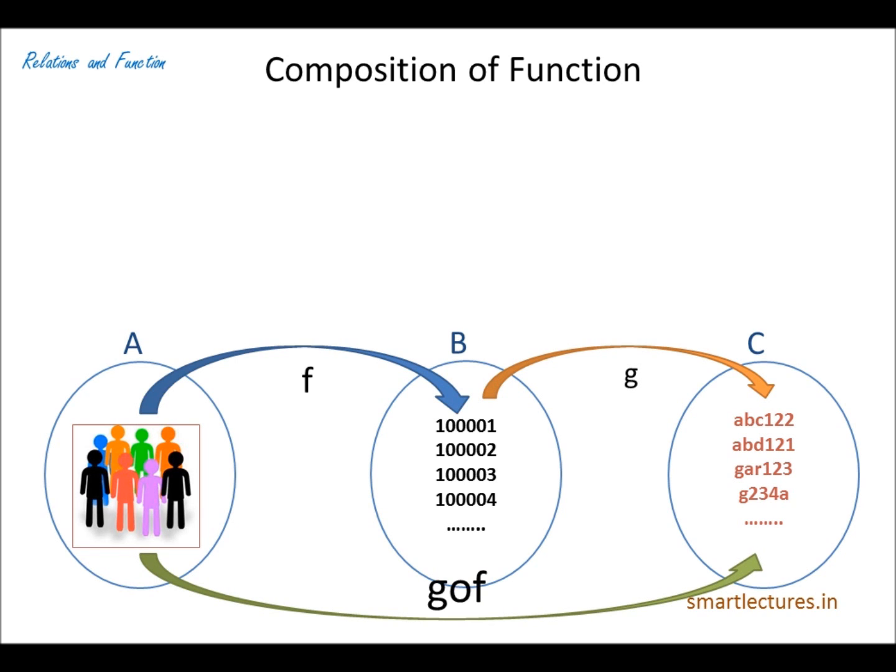So, this gives rise to another function from A to C, which is denoted by g o f. And this function g o f is called the composition of function f and function g.